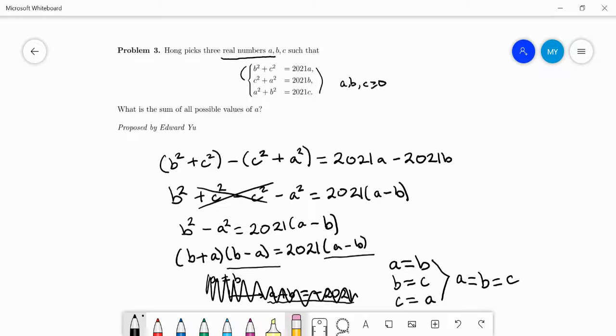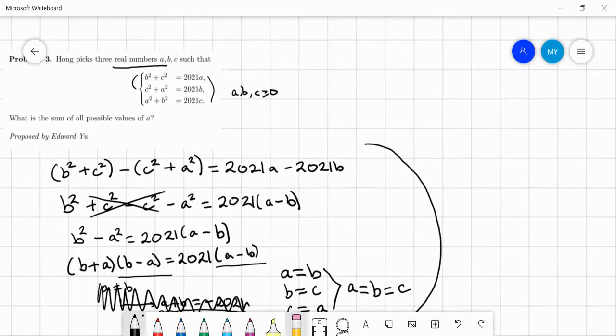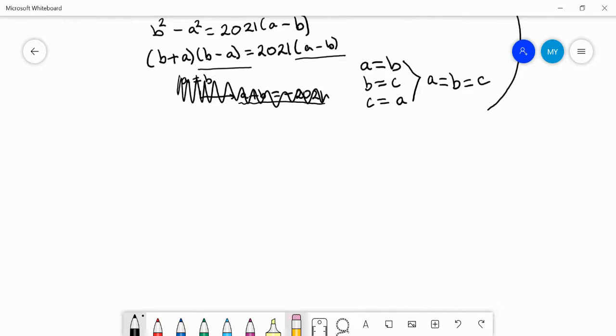So this is really, really good. We're almost done now. So let's box off some space to give us some space to work with. And we now know that a equals b equals c.